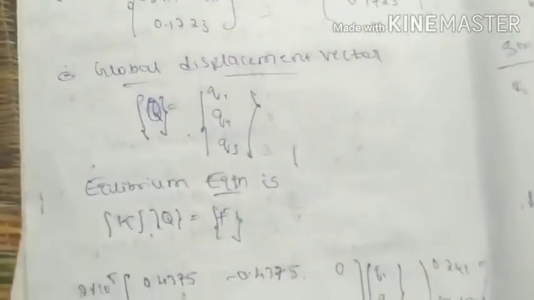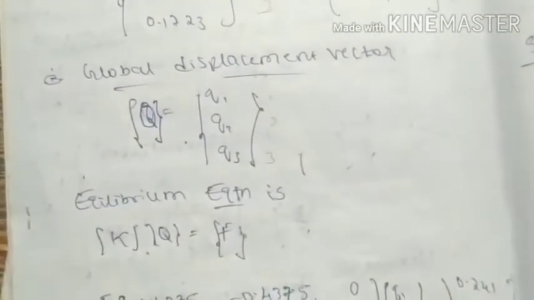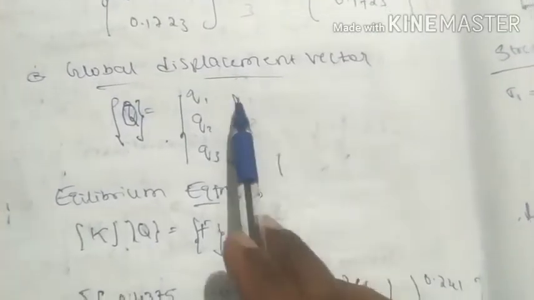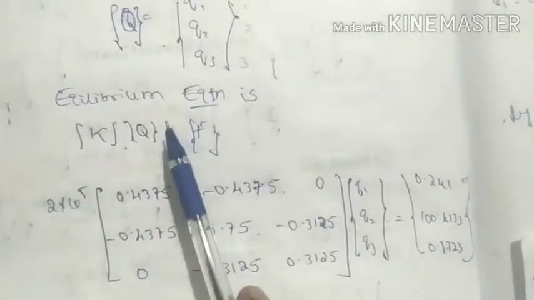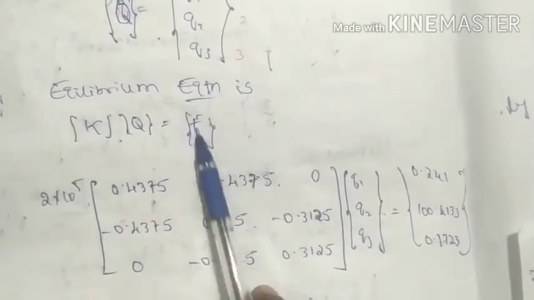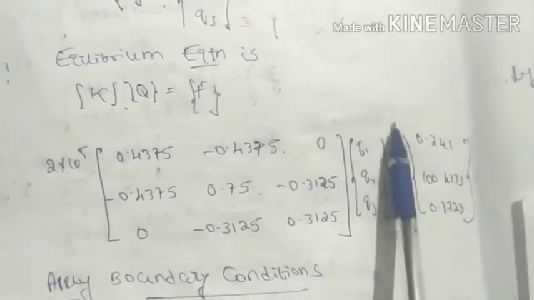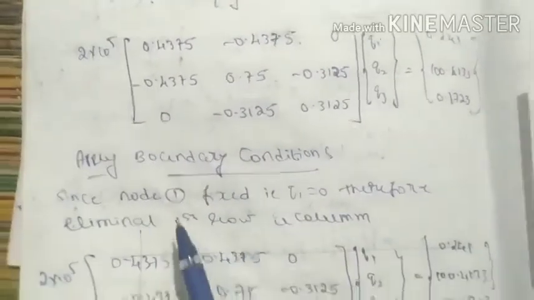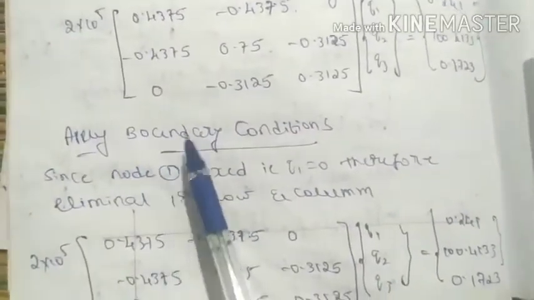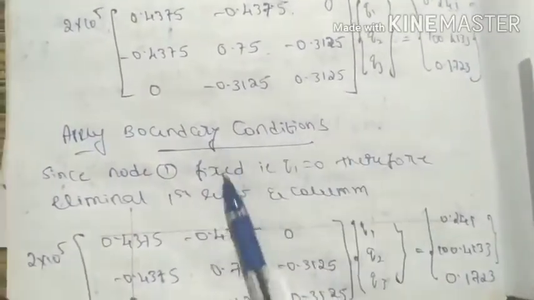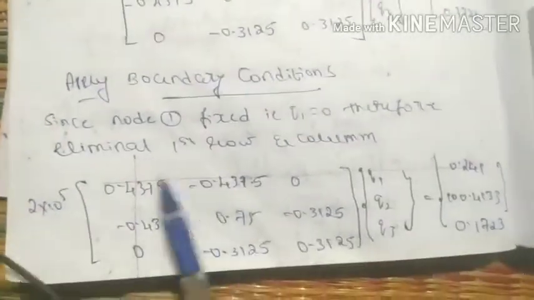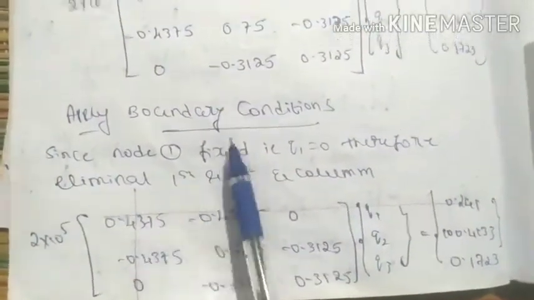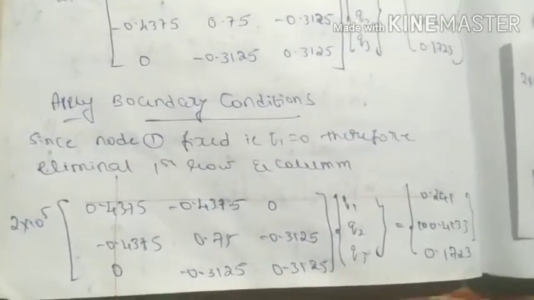Now we need to find the global displacement vector, that is Q1, Q2, Q3 unknown. Finally we substitute in the equilibrium equation, that is KQ is equal to F. Now substitute all the values and apply the boundary condition. Since node 1 is fixed, Q1 becomes 0, therefore the corresponding first row and first column are eliminated in the equilibrium equation.